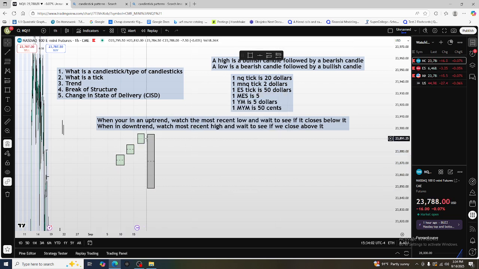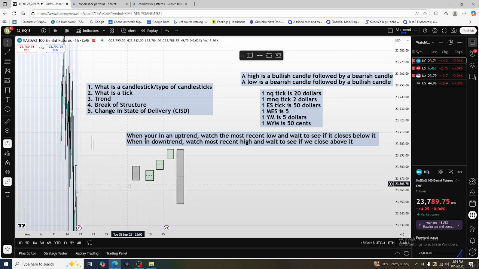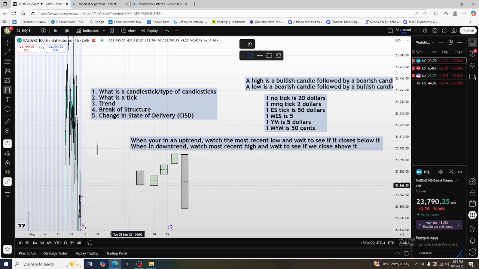So we have a little move up and it gets engulfed. And then just imagine we were in an uptrend here. So every single time there is a bearish candle, there's a bullish candle that would engulf it.